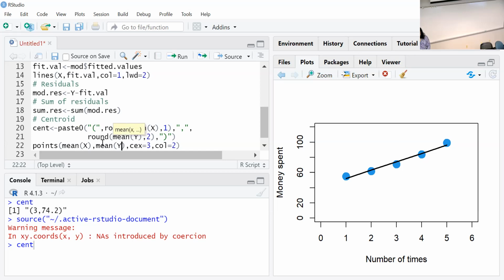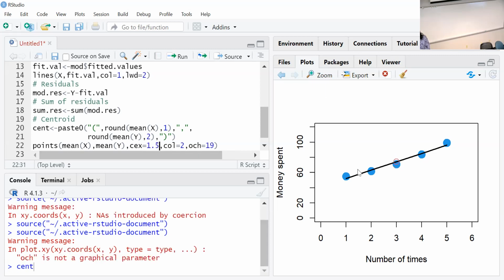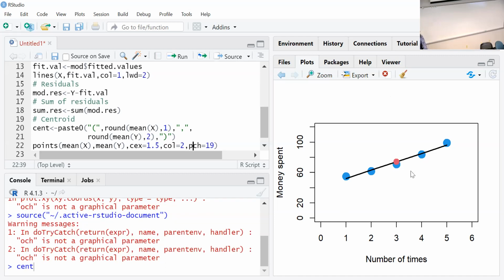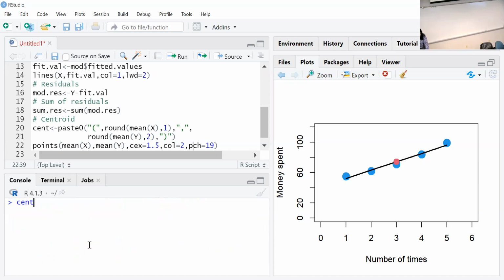So I saved it as a vector, but it's not. What can you say about the centroid and the regression line?